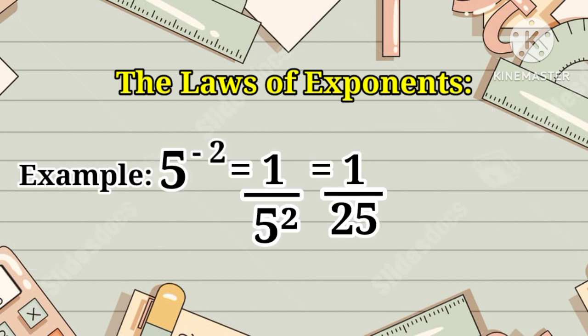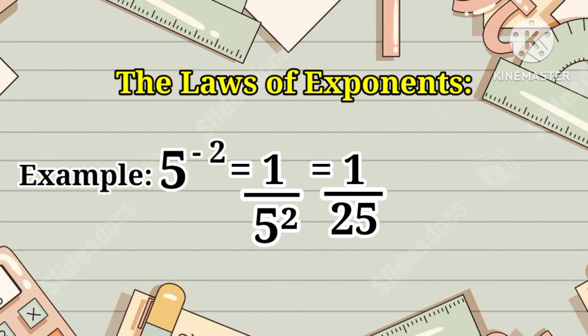Another example, 5 raised to negative 2. To answer that, kailangan i-imagine natin na yung 5 raised to negative 2 ay may imaginary na 1, so automatic naman na meron siyang 1 sa ilalim.